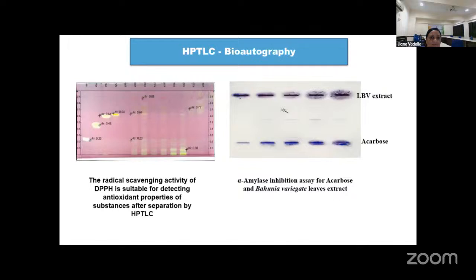So this is a bioautography that we have done in our lab. If you have any question regarding the qualitative or quantitative analysis of HPTLC, you can ask me.